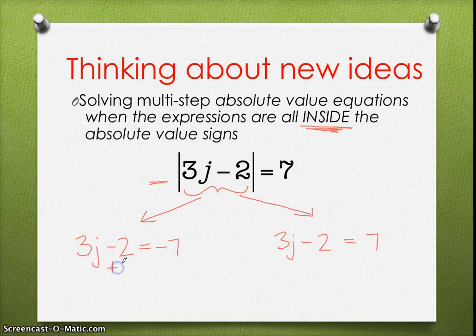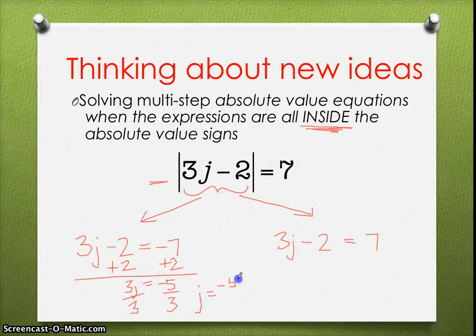So let's go ahead and apply the inverse. We're going to add 2 to both sides. So that gives me 3j equals negative 5. Then we're going to divide both sides by 3. So for this first solution, we have j equals negative 5/3.